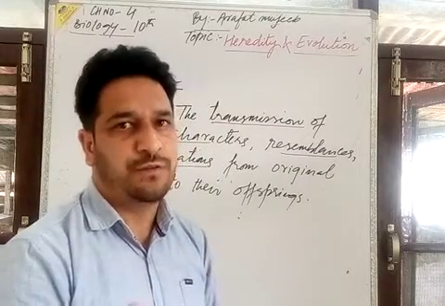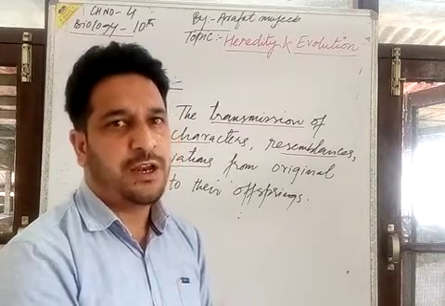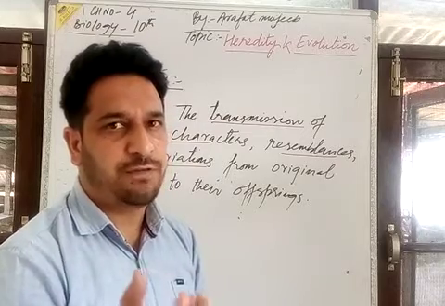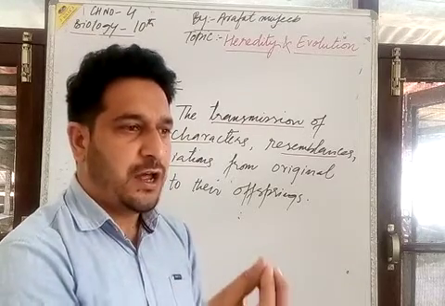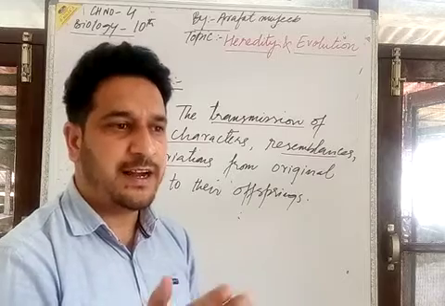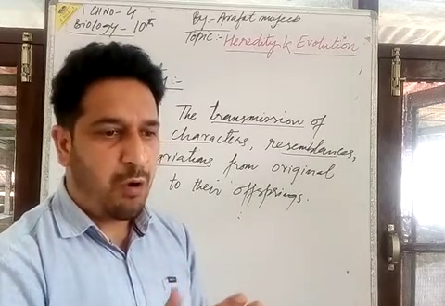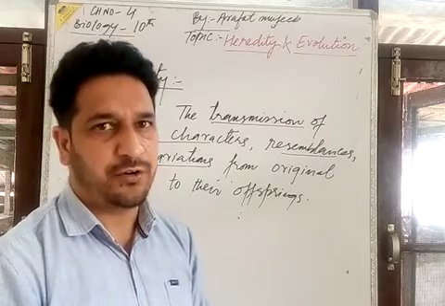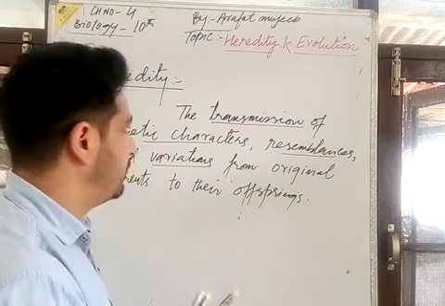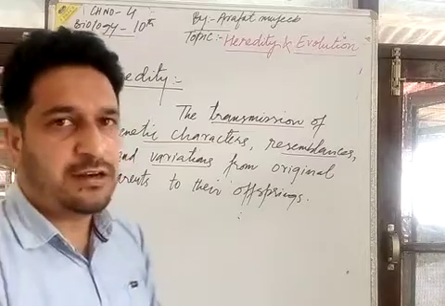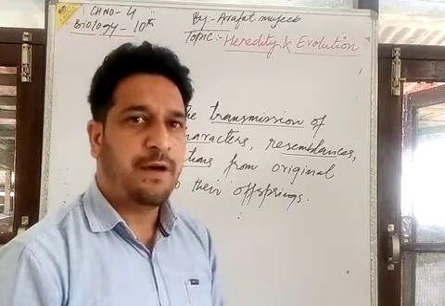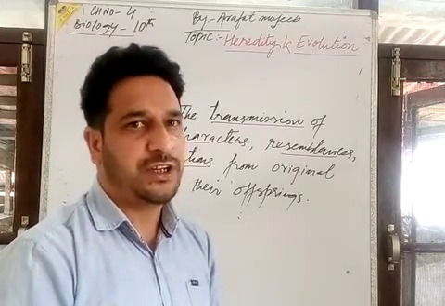Sometimes a unique feature develops in a new generation, a unique feature in a new individual that is very separate, very out of their parental characters. That is the variation. In heredity there is also a transmission of variations.